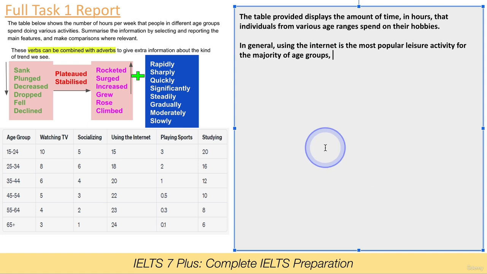In general, using the internet is the most popular leisure activity for the majority of age groups. Okay, sweeping statement there. We're not going into detail, remember.